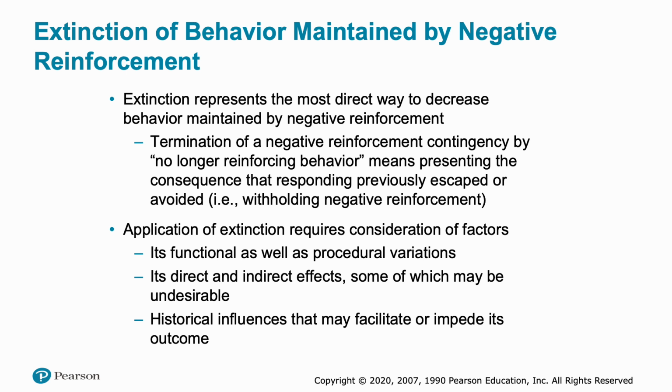Antecedent manipulations are much less restrictive interventions than escape extinction. What was the other one? Non-contingent reinforcement, again, also a less restrictive intervention than escape extinction. So although escape extinction is incredibly effective, and we can still use this intervention, right? There will be a time and a place for using this intervention, and there will be a need for it at some point.